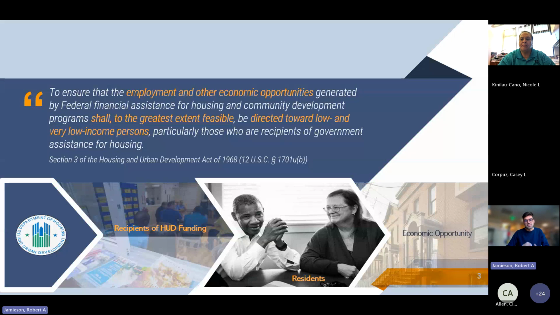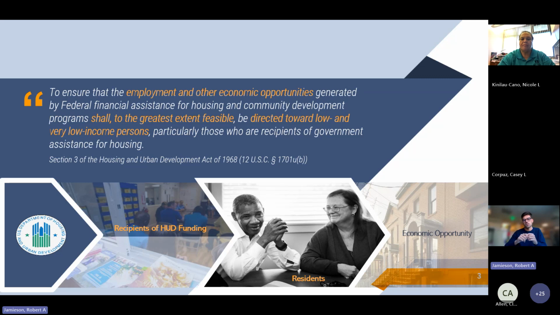So the basics of Section 3 are to ensure that any employment or economic opportunities, so think jobs, that are generated by HUD funding, so mainly grants, will be directed to the greatest extent feasible to the very low income, or those assisted by HUD programs in our community.